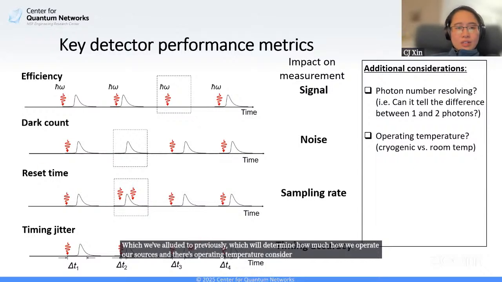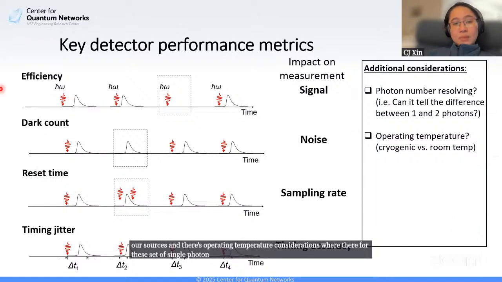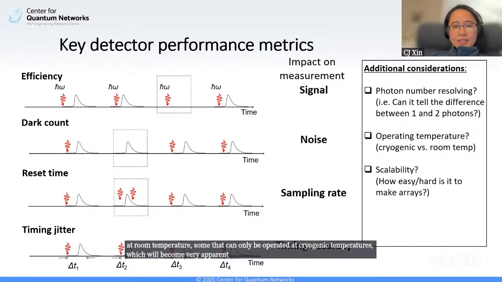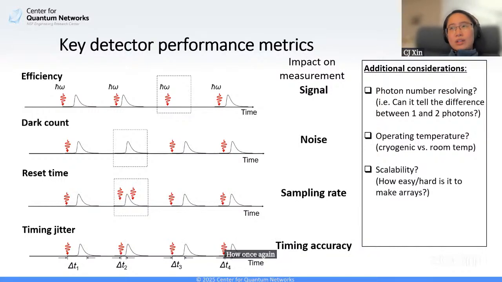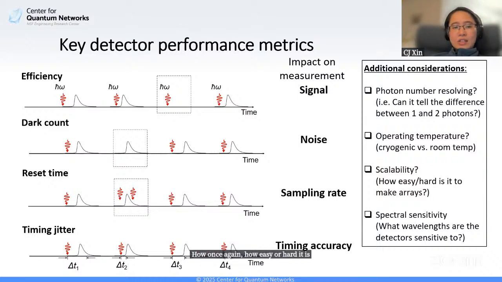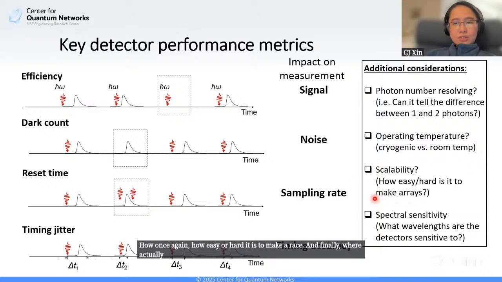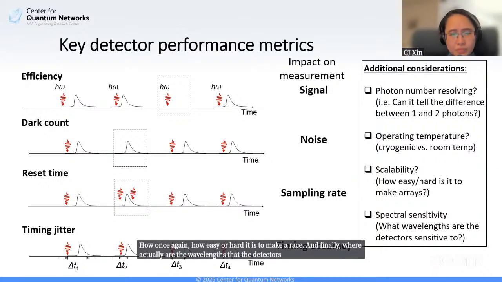For this set of single photon detectors, there are some that can operate at room temperature, some that can only be operated at cryogenic temperatures, which will become very apparent shortly. And then scalability, once again how easy or hard it is to make arrays, and finally, where are the wavelengths that the detectors are sensitive to?